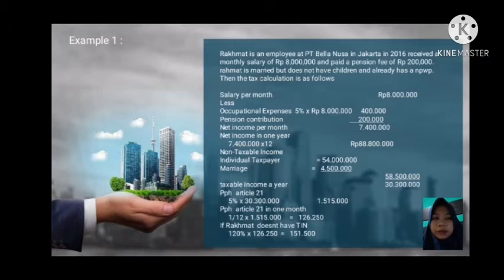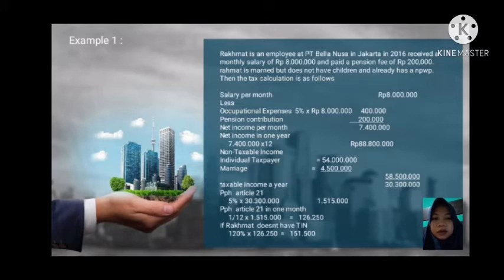His salary per month is 8 million, and then we deduct the occupational expense and pension contribution. For occupational expense, we calculate 5% multiplied by 8 million. The amount is 400,000, and for pension fee 200,000.